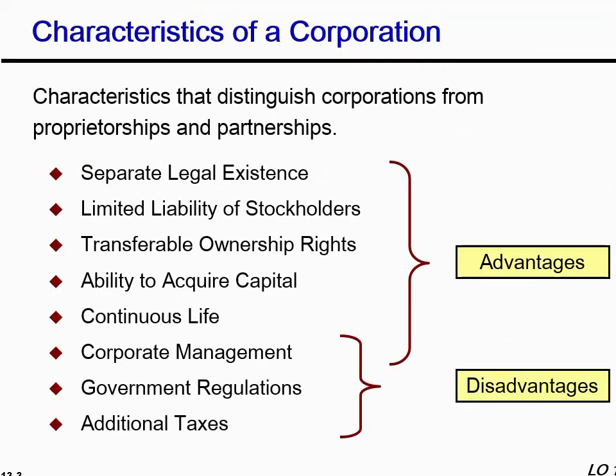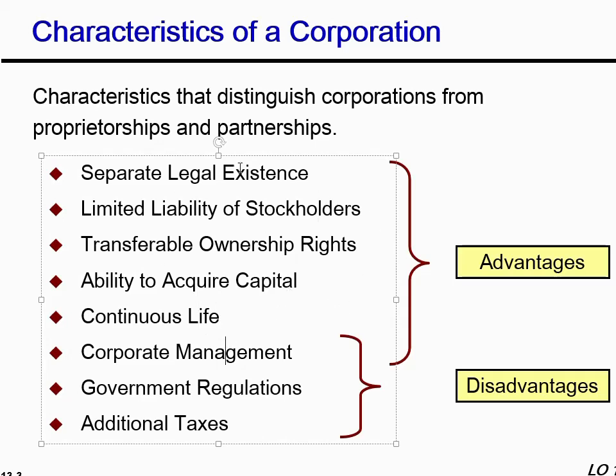Moving towards the characteristics of corporations, I'm also dividing these characteristics among advantages and disadvantages. The following characteristics are different for the corporations as compared to the partnership and sole proprietorship. If you see here, the first one, separate legal entity, limited liability of the stockholder, transferable ownership rights, ability to acquire capital, continuous life, and corporate management.